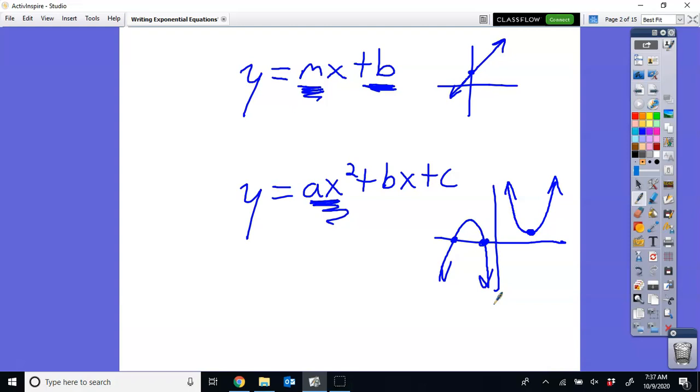We also looked at revenue, where you are owning a business, you raise the price, you're going to lose sales. You lower the price, you're going to gain sales. And so that gives me the ability to have this graph here that gives me a maximum or minimum value, that's the vertex that we talked about. And so we looked at some real life situations that involve the quadratics.